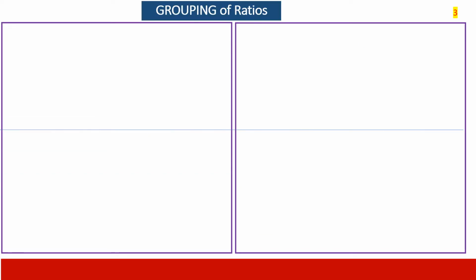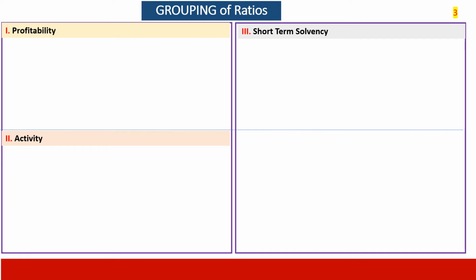For the sake of easy understanding and using the ratios effectively, four groups are formed based on their core feature: profitability related, activity related, related to short-term solvency, and related to long-term solvency. Each of these four groups have got their subgroups which have more micro level of ratios to help us understand each element better.